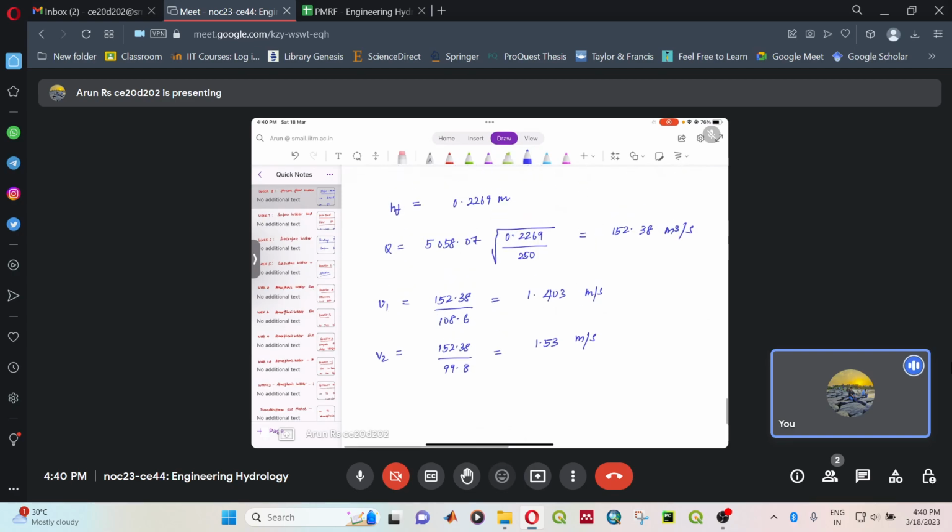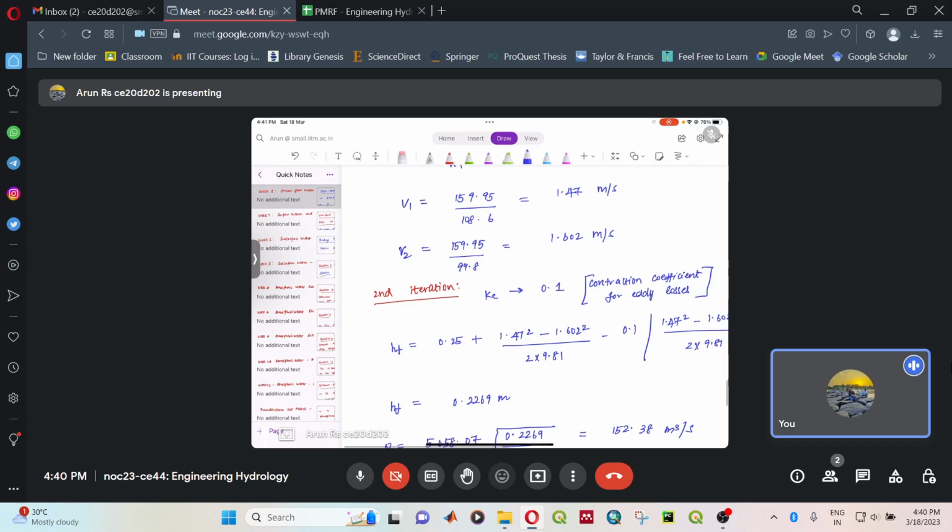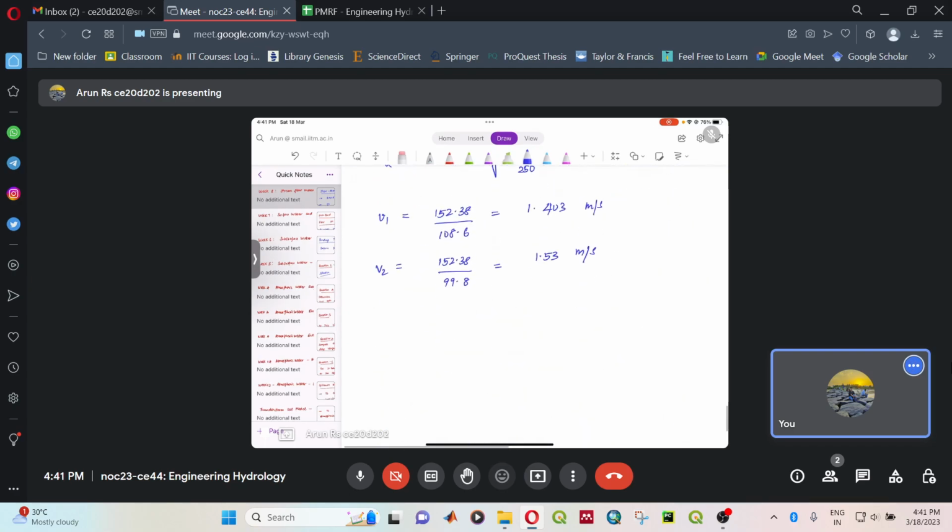Now we can see the velocity with respect to the previous iteration. They have a very big variation, so we can do one more iteration.